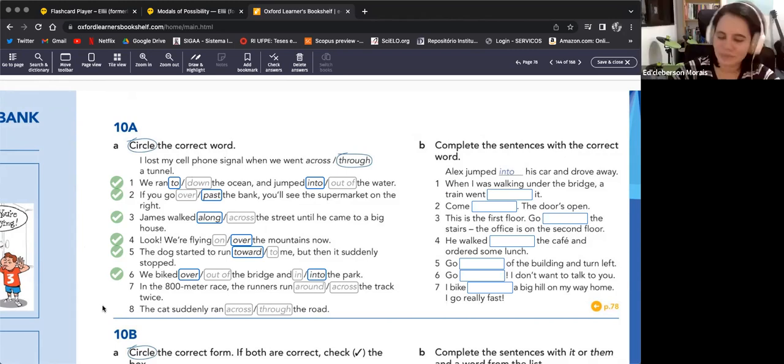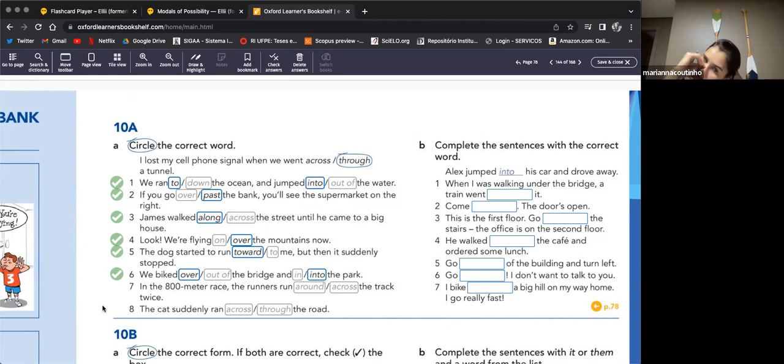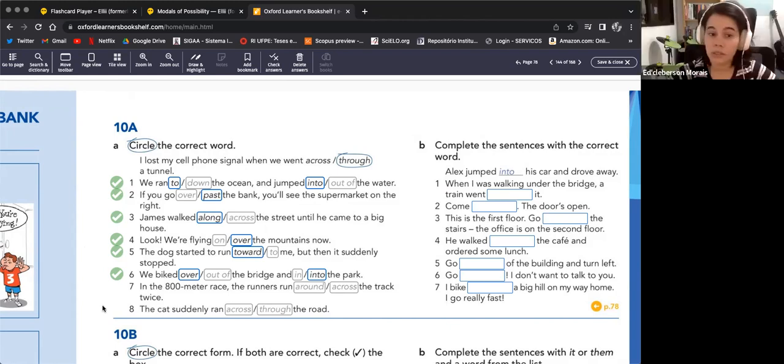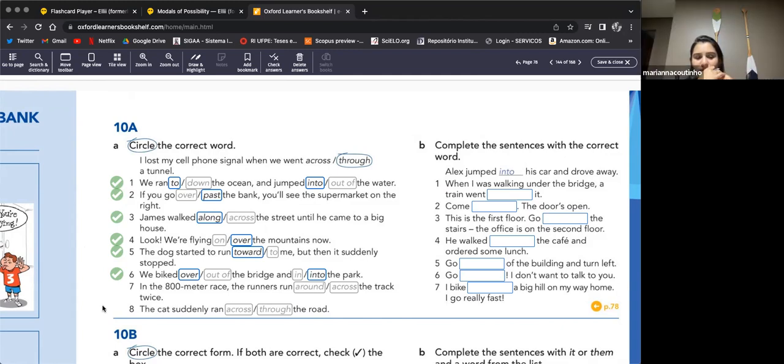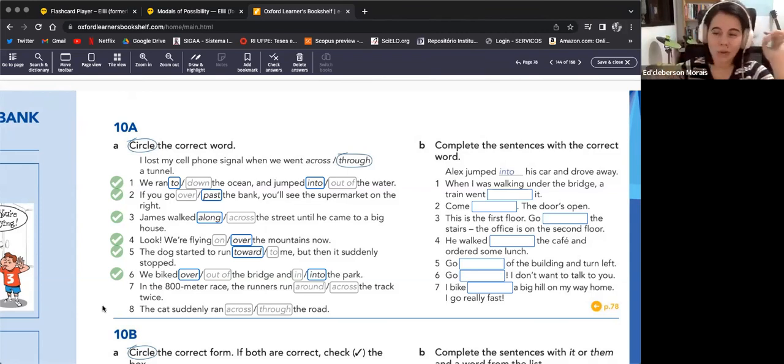Number 7. In the 800 meter race, the runners run around across the track twice. Around is around and across is crossing, ok?